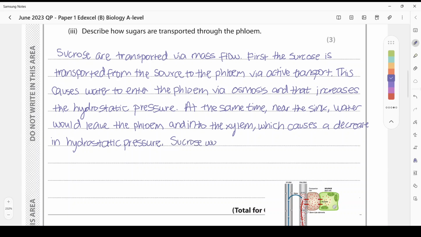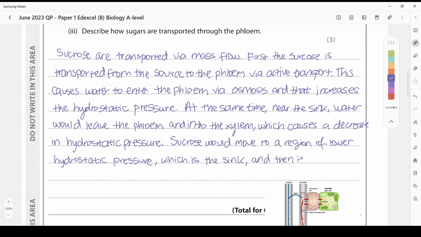Sucrose would move to a region of lower hydrostatic pressure, which is the sink, then it would move out of the phloem and into the sink.